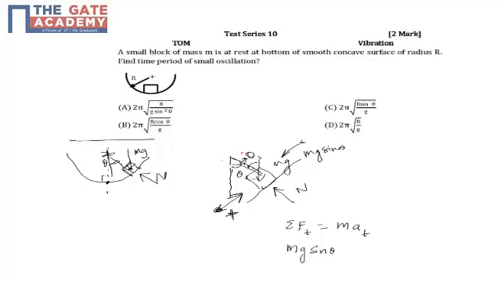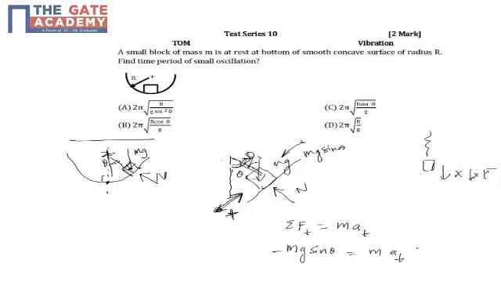If you remember the spring mass damper derivation, I always take the direction of x, x dot and x double dot in the direction of perturbation from the equilibrium position. In the same way I take my acceleration also in this direction. So mg sin theta acts downwards and I have considered upward positive, so minus mg sin theta is equal to m times acceleration.